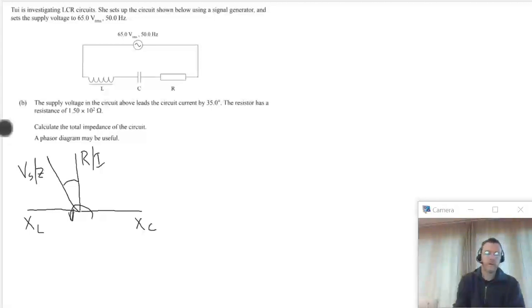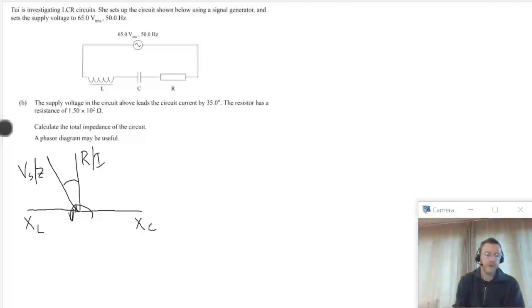So the power supply and Z are at this angle, the resistor voltage and the reactances are at these angles, and the current is in phase with the resistance.